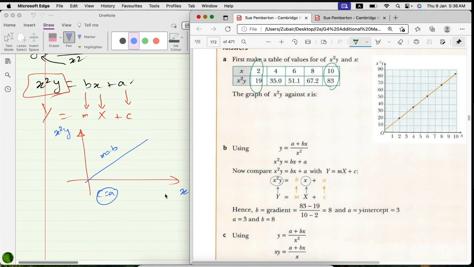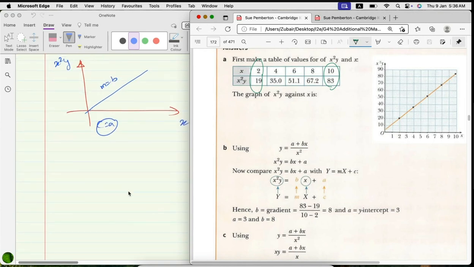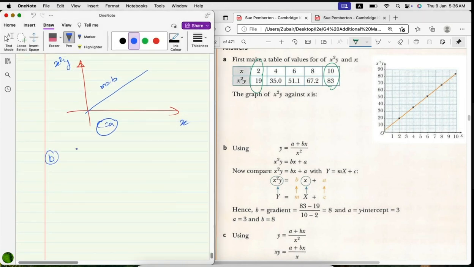Let us use the second and second last. So for the gradient, I'm using 4, 35 and 8, 67.2.